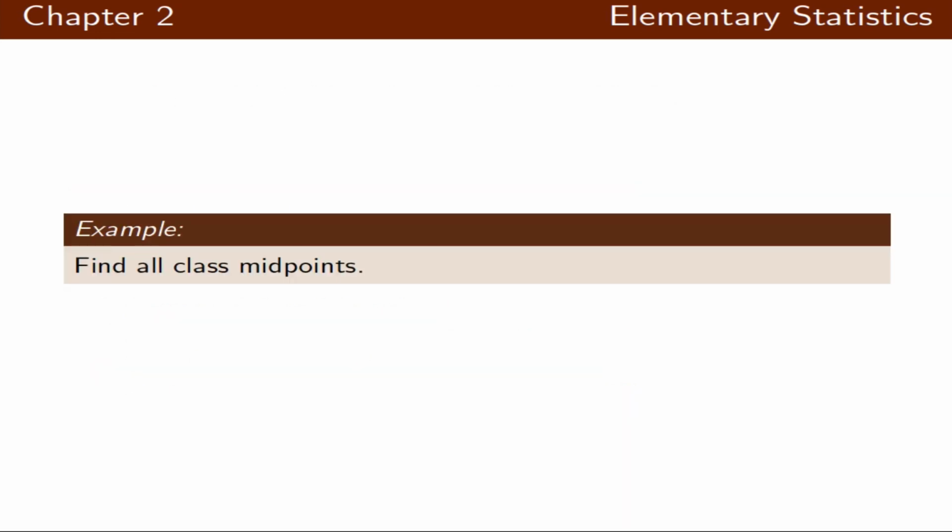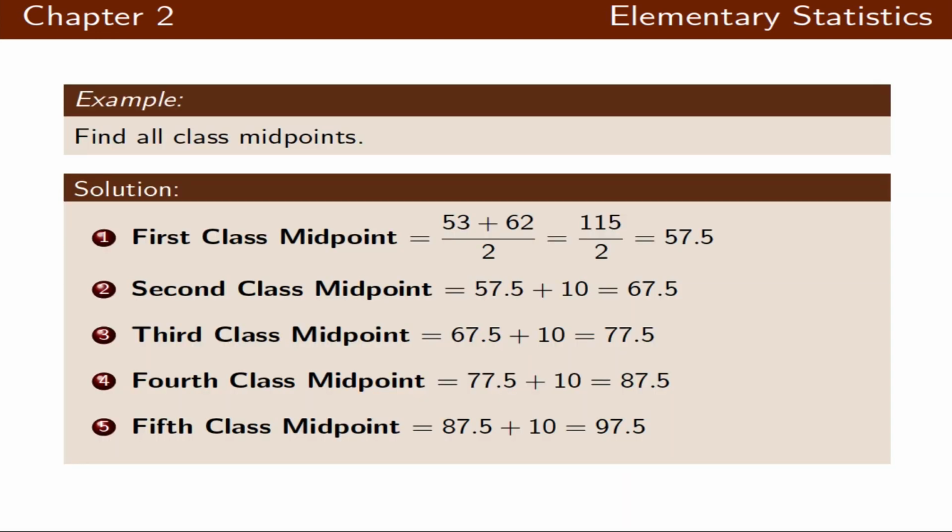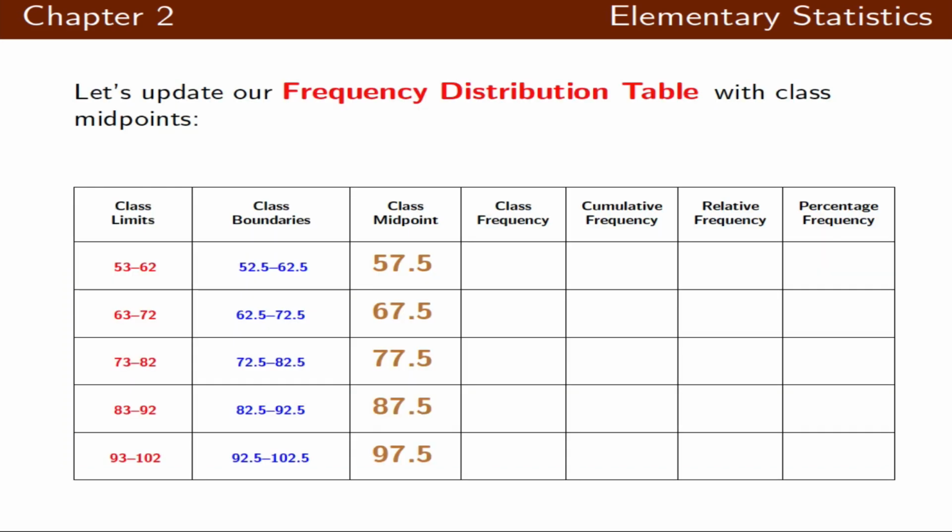So for our first one, we take 53 plus 62 divided by 2, that would be 57.5. Now we keep adding 10, the class width, in order to get the next class midpoint for each class. So this is how our frequency distribution looks like so far.